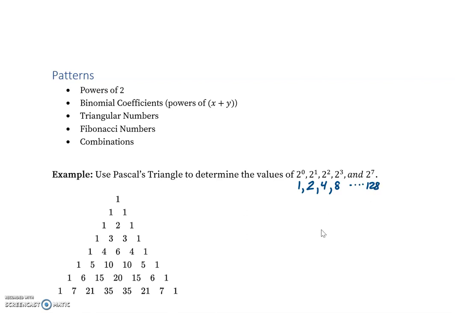So we're going to see if we can actually justify that using the triangle somehow. Well, how this works is we just look at the rows. So 2 to the 0 is just equal to 1.